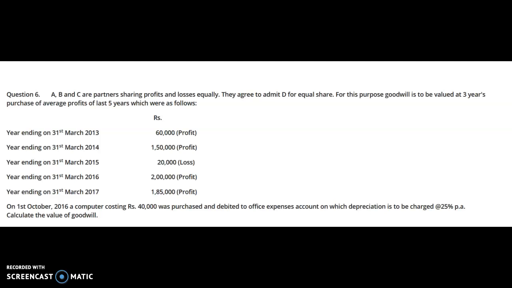We have to charge depreciation on this computer at 25% per annum, which by mistake we had not charged. So the actual effect is that 40,000 is to be added back and 5,000 subtracted from the profits of the year ending 31st March 2017. The result is that the normal profit for this year is rupees 2,20,000.